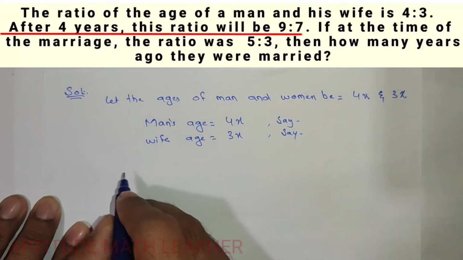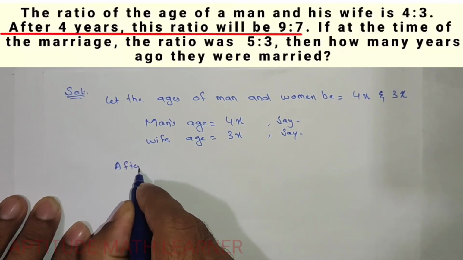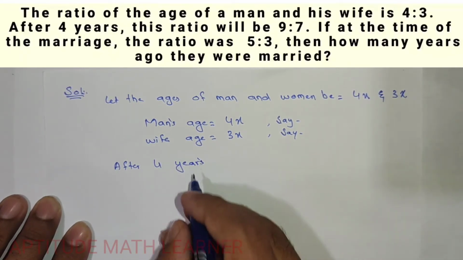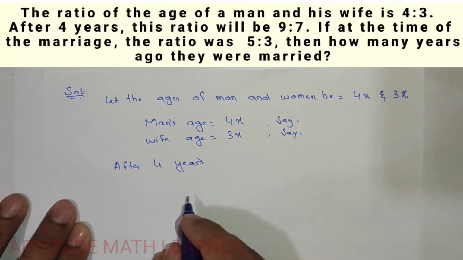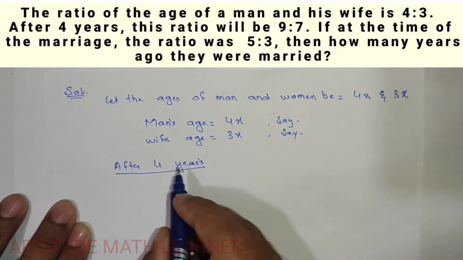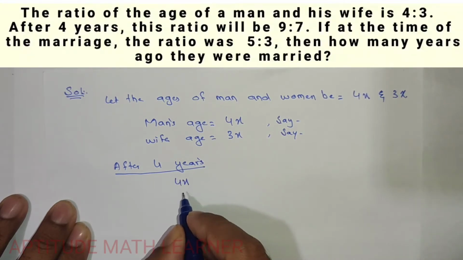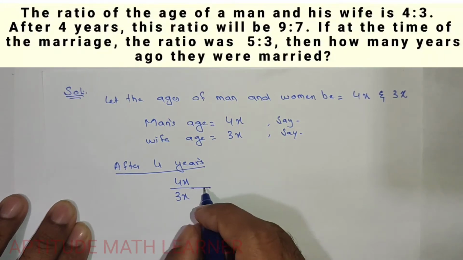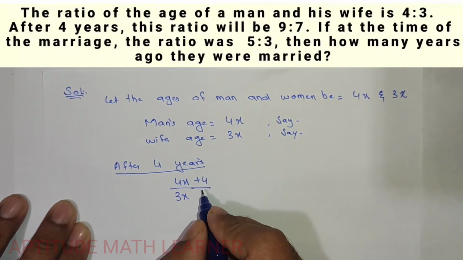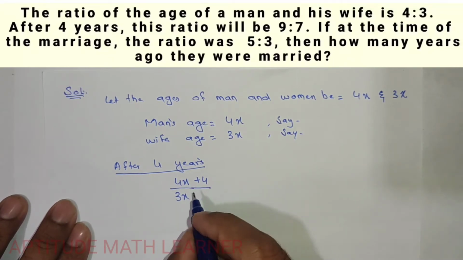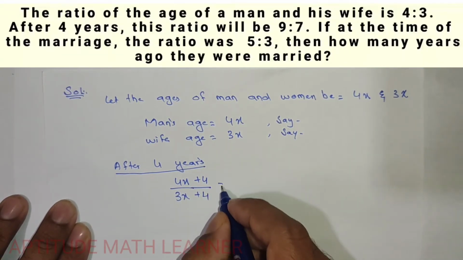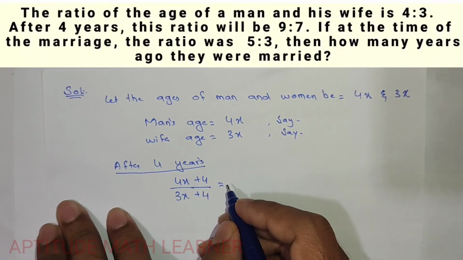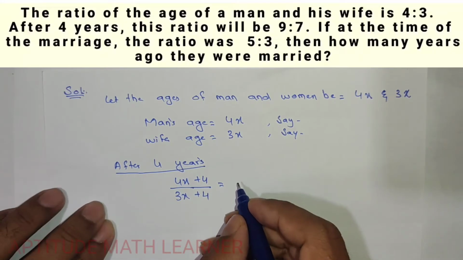So after 4 years, the man's age 4x upon the wife's age 3x, plus 4 each, is equal to 9:7.